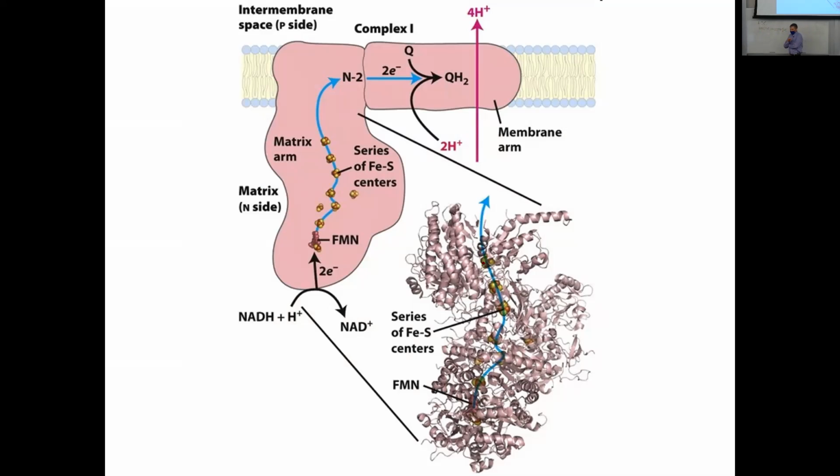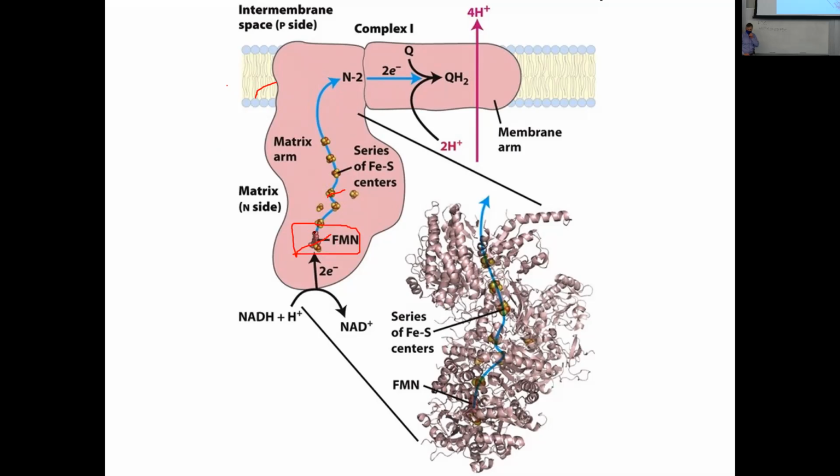But this is where the NADH molecules, with their electrochemical energy, are going to donate those electrons. Initially, they're going to go to this flavin mononucleotide. So we have this flavin mononucleotide right here.